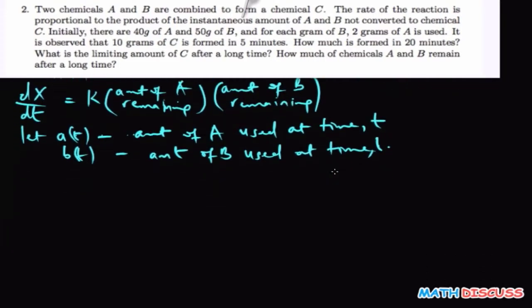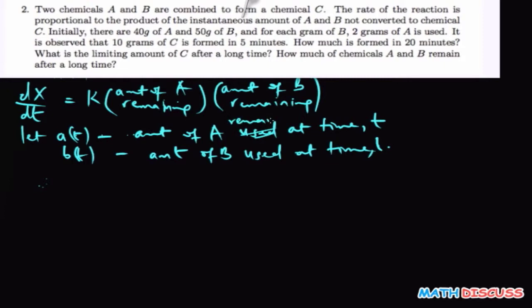We're told that when t equals 0, because it's initially, the amount of A is 40. So maybe let's not confuse things here.